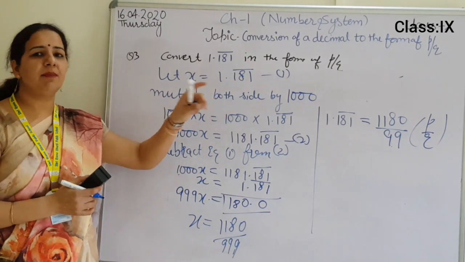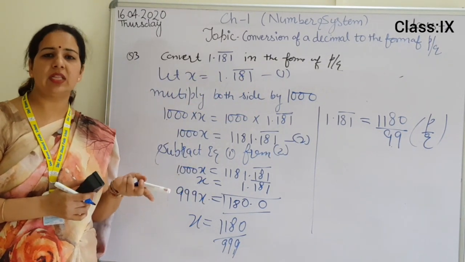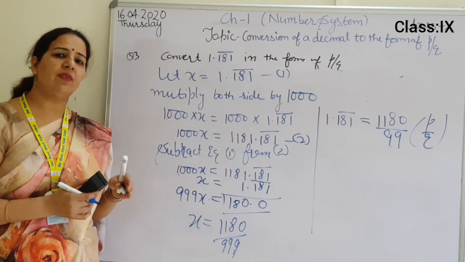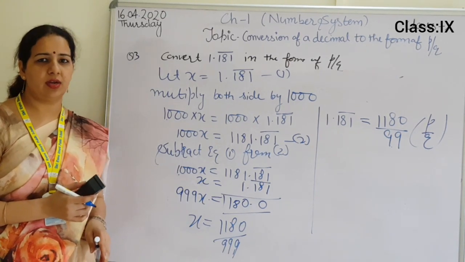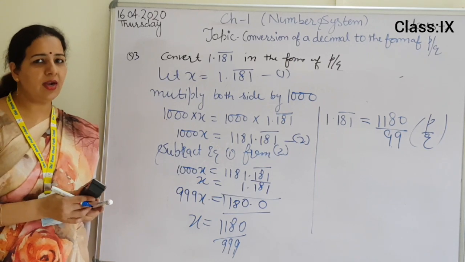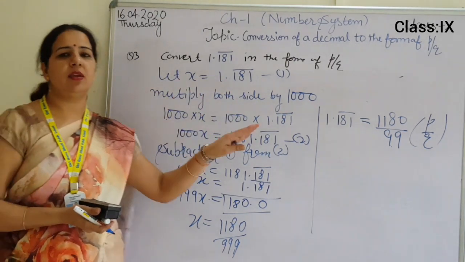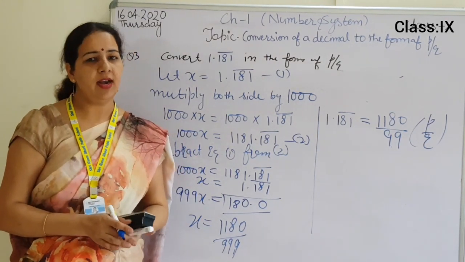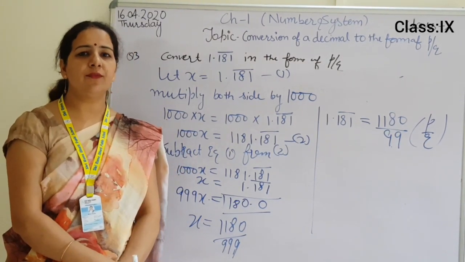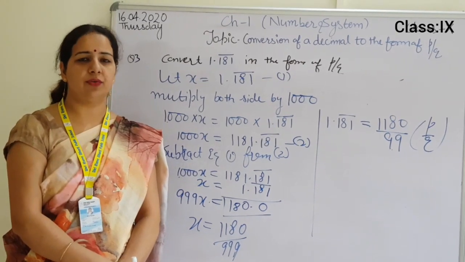If one or two numbers do not have the bar sign, we have a separate method to solve that question. So for today's homework, I will give you questions in which the bar is on all the numbers after the decimal. You have to complete your homework.